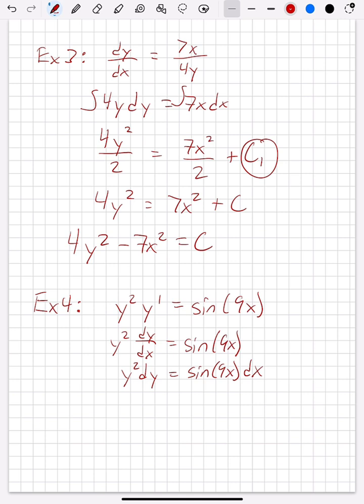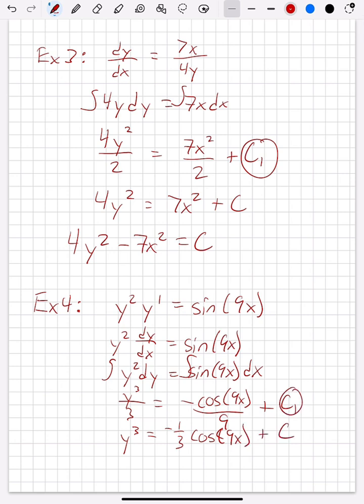Now when I integrate both sides, I get y cubed over 3 is equal to the negative cosine of 9x over 9 plus c1. Now if I multiply through by 3 to get my y by itself, then I have y cubed is equal to negative 1 over 3 cosine of 9x plus a constant, since c1 times 3 is just c. Your homework represents this one in this format.